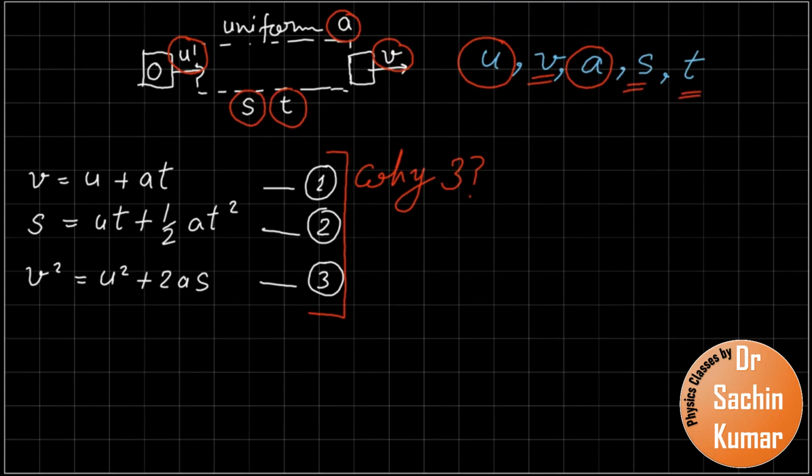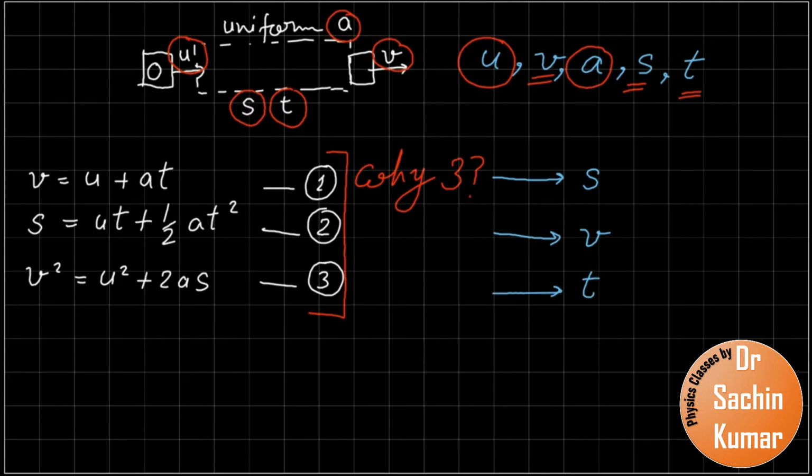If you look carefully, you will find that s is absent from the first equation. In the second equation, v is not present, and t is not present in the third equation.